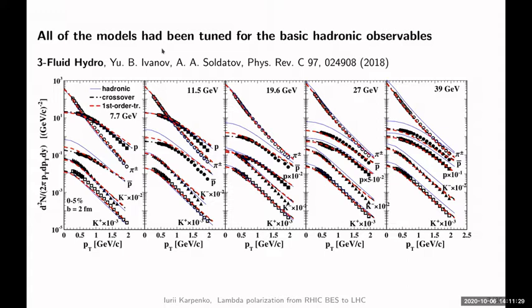As you can see as well, the model had been tuned, I think, before even 2018. Even in previous works, it's been tuned to reproduce the basic observables. So not only the pT spectra, because I don't want to pollute the slide with different plots, but I think it also works for the elliptic flow, for the directed flow, and then with the tuned model, you can go ahead and look at the polarization observable.